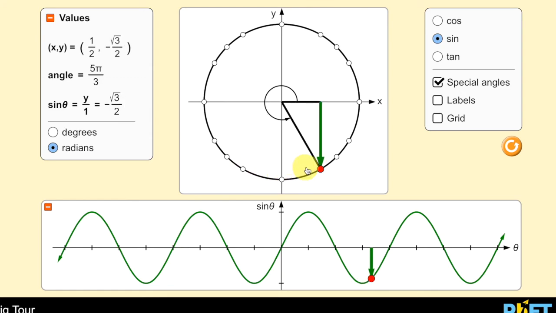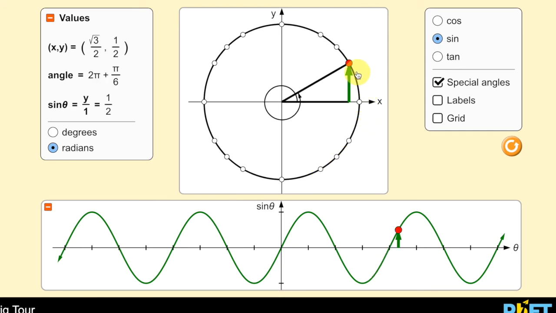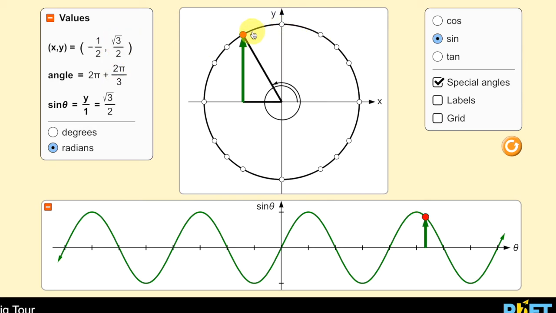And then I'll move again, negative square root of 3 on 2, so that doesn't satisfy it. But I'm back to 2 pi, and if I continue on, then you can see when I've got 2 pi plus pi on 3, it satisfies the equation. And when I've got 2 pi plus 2 pi on 3, it also satisfies the equation.